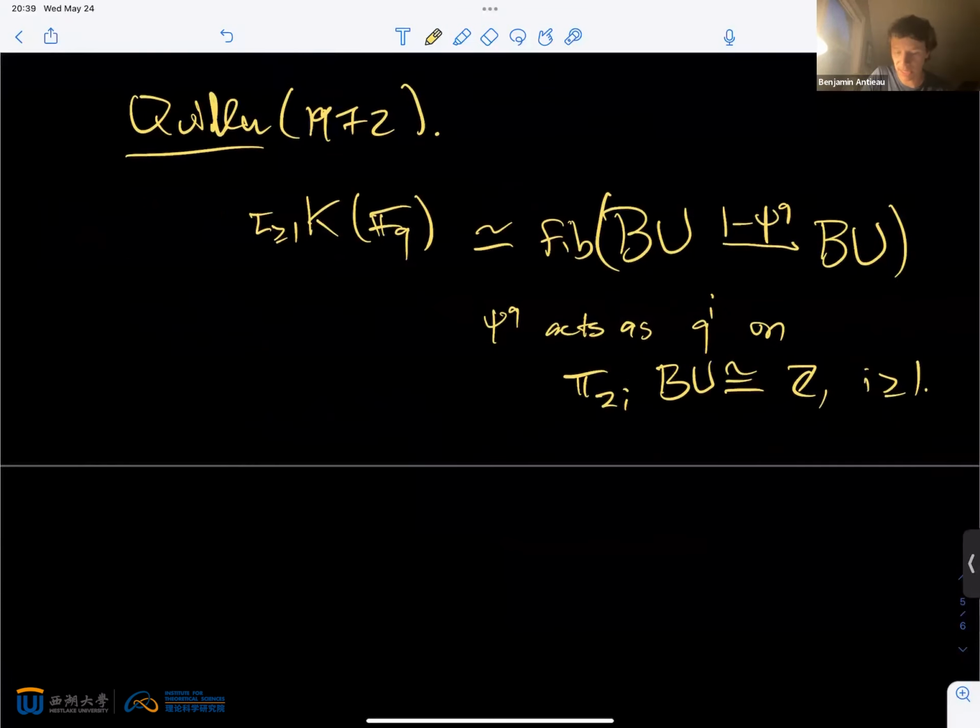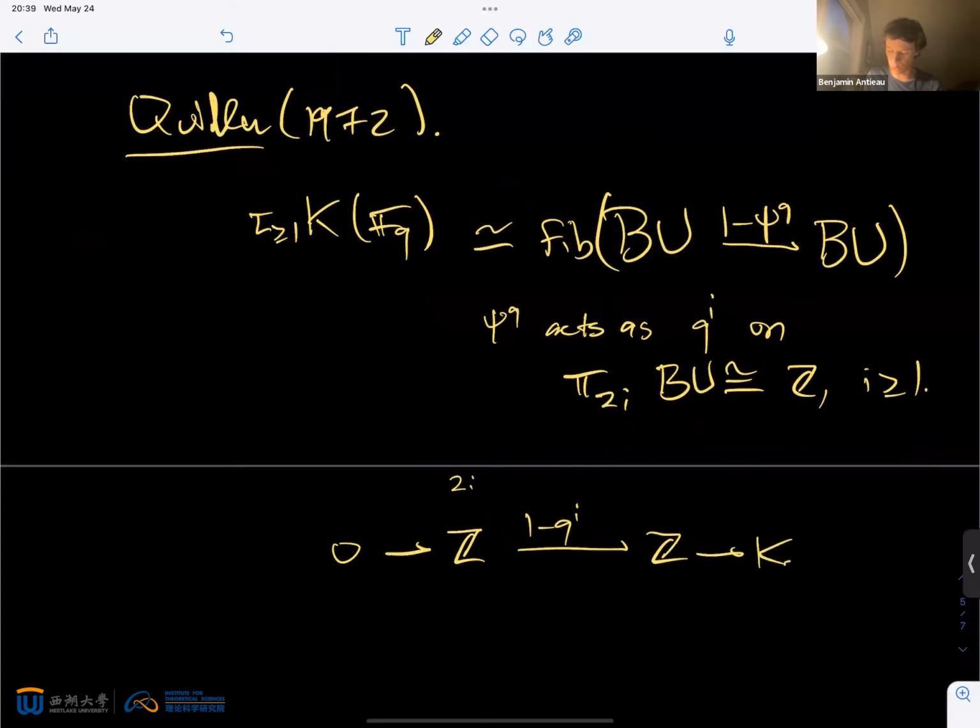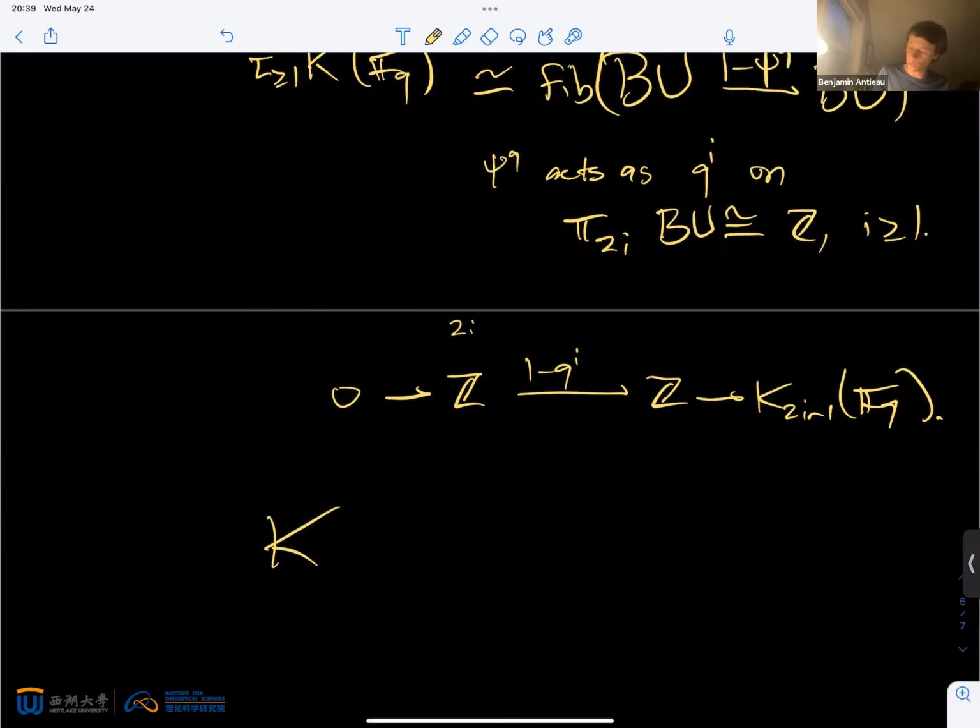So the long exact sequence from this fibration tells you that I get Z in degree 2i, and I get 1 minus q to the i. Well, that maps injectively. And so I see that this is 0 onto K_{2i-1} of F_q. And so what I get is a table for the homotopy groups of F_q.